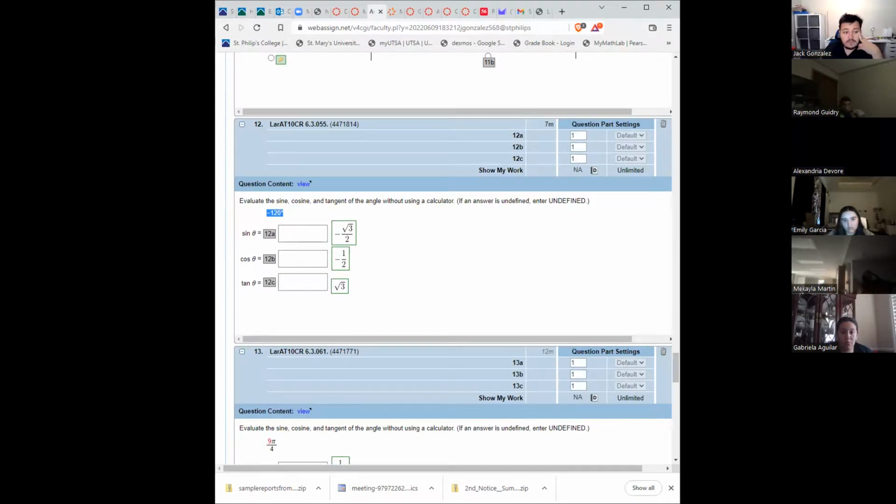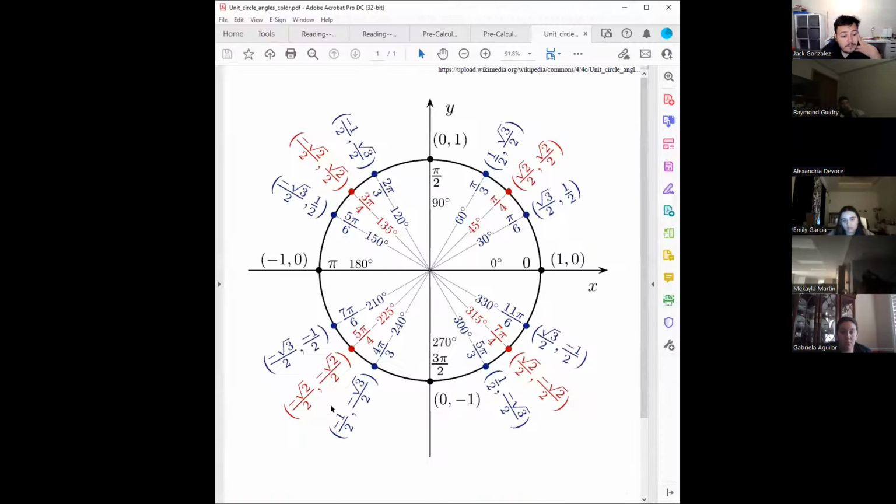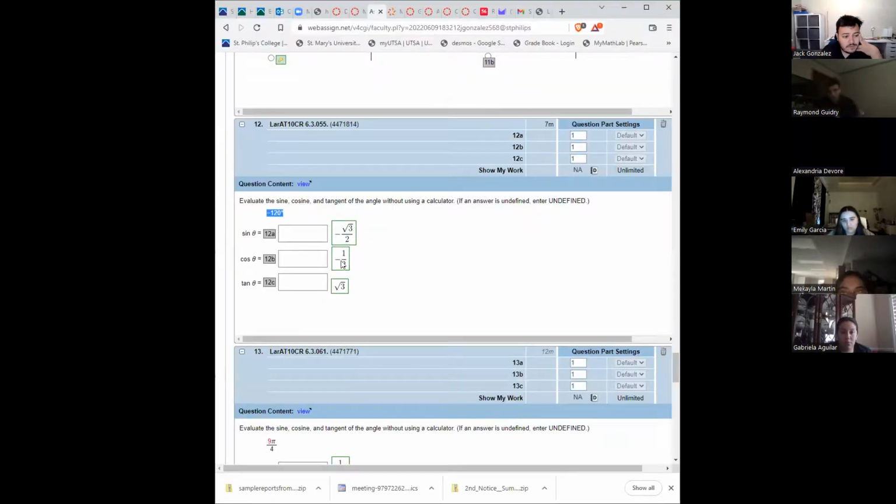Or look at your unit circle at 240. 240 is right here. So sine and cosine are both negative. Just plug those in until your answers are here. That's it. And then we said tangent is y divided by x. That's how they got this. Sine over cosine is tangent.